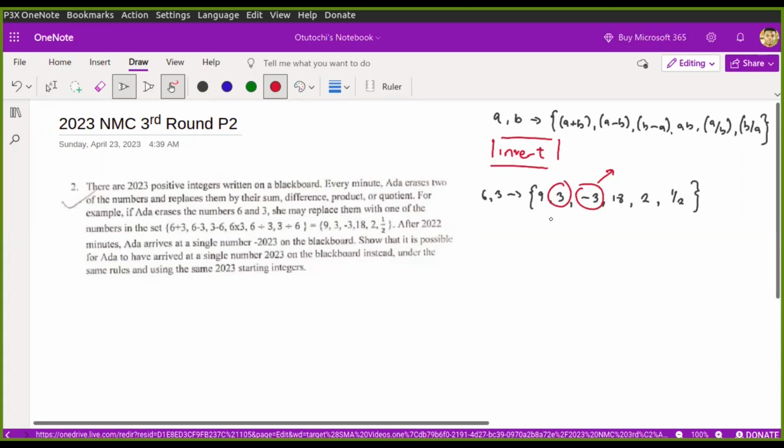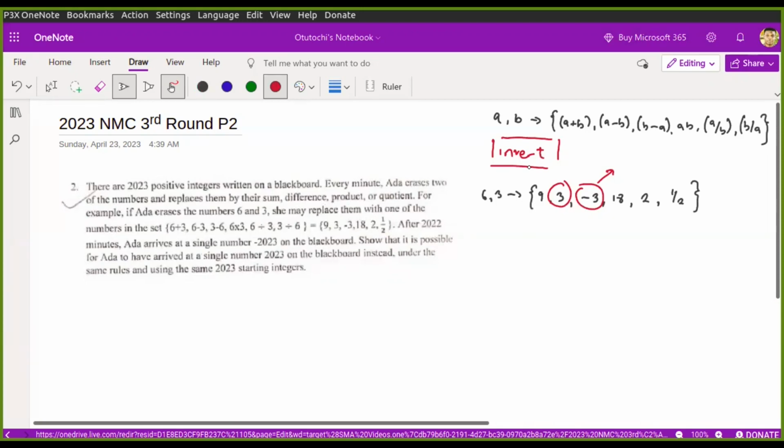Now, we are trying to invert minus 2023, and we're basically retracing our steps, taking it step by step.